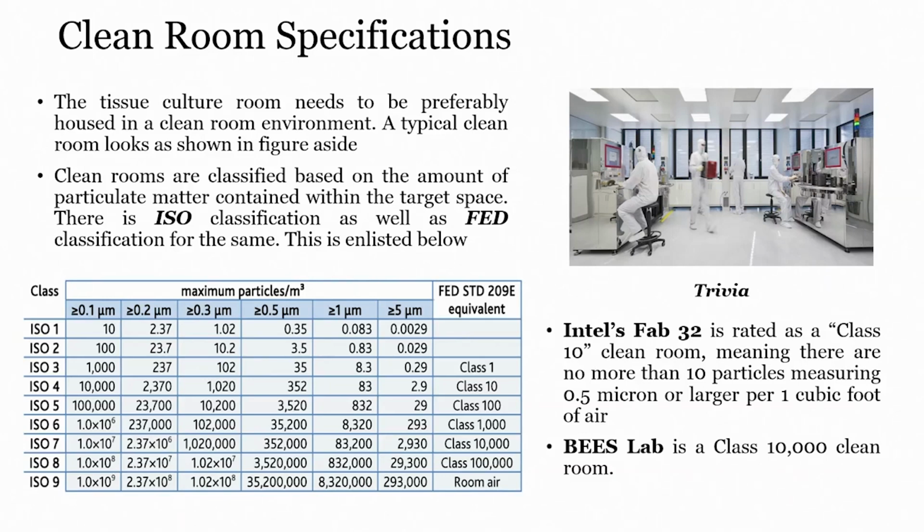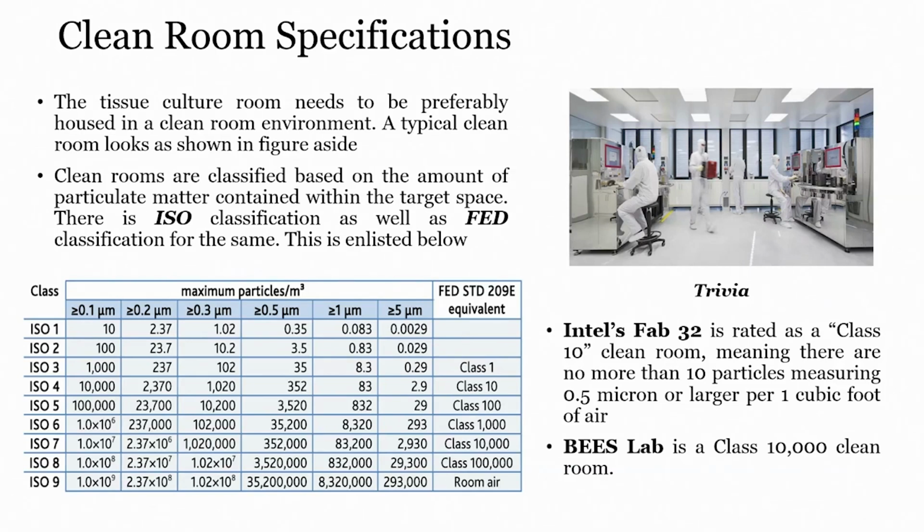Now, clean rooms are classified based on the amount of particulate matter within the target space. So, within a space, how much particulate matter is present. Also there are ISO classifications as well as FED classifications. You can see here in the table, ISO 1 is really clean, about 10 particles greater than 0.1 micrometer, 2.37 for 0.2, 1.02 for 0.3, and these are maximum particles per cubic meter.